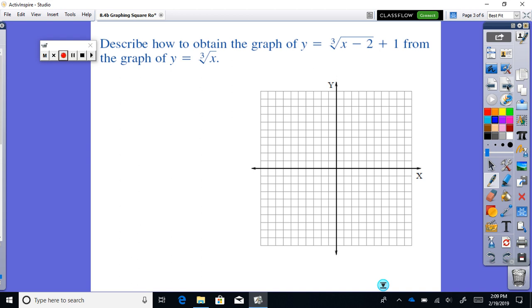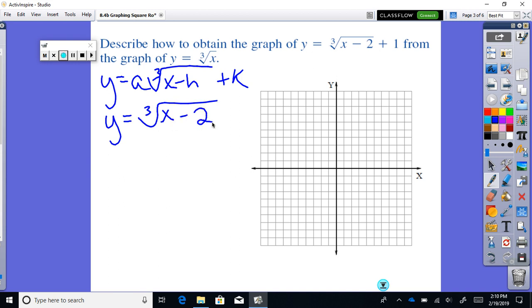So how do we obtain the graph of y equals cubed root of x minus 2 plus 1 from the parent function, cubed root of x? That's where we look at this general form here, a cubed root x minus h plus k. In our graph here, the cubed root of x minus 2 plus 1, our a value is 1, which means that there's no reflection, no vertical stretch.